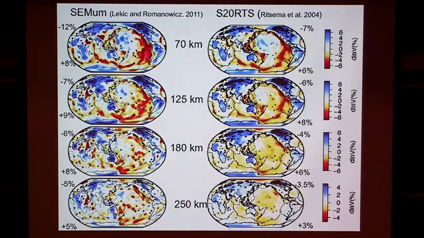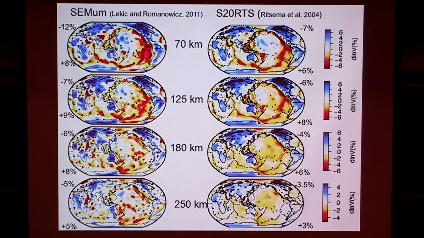So the point here is, okay, these models look at first view quite similar. That was kind of good news, right? Because it means 30 years of tomography actually made sense, even with approximate methods.